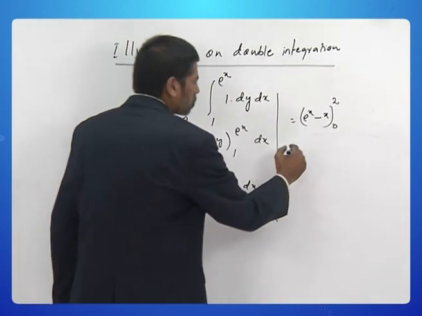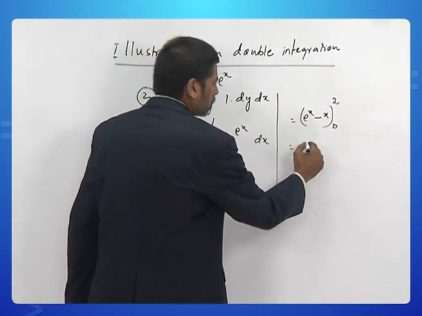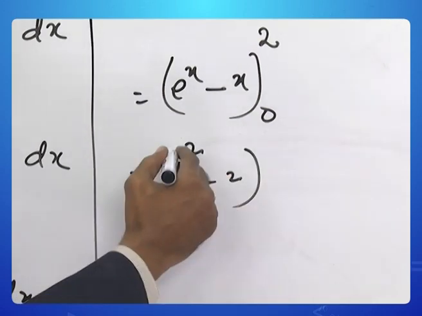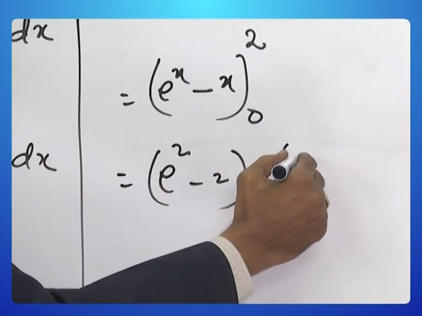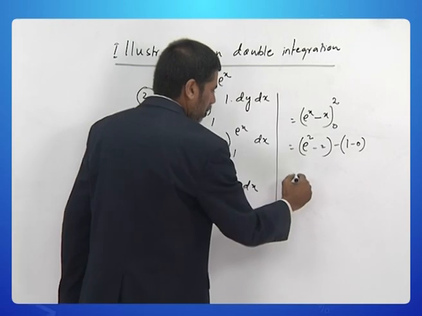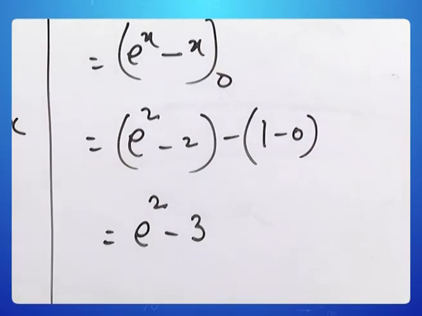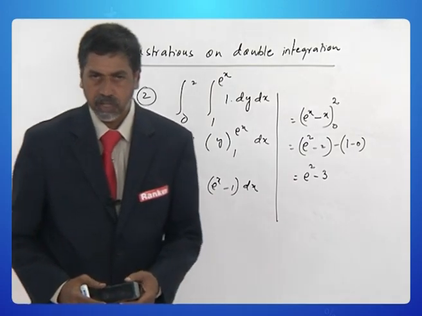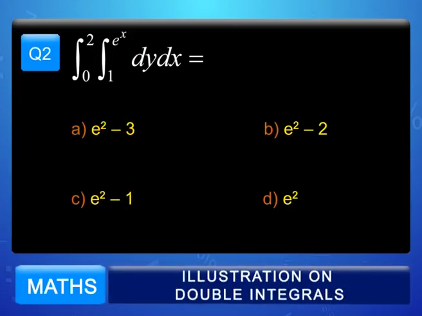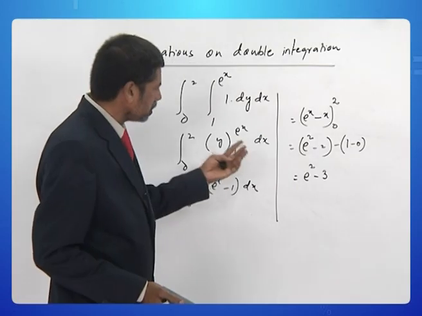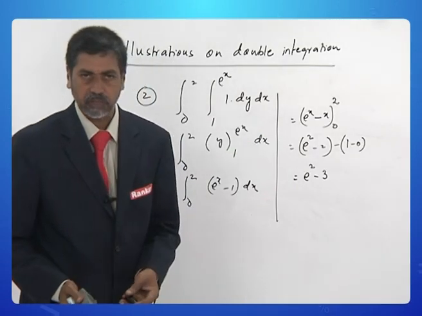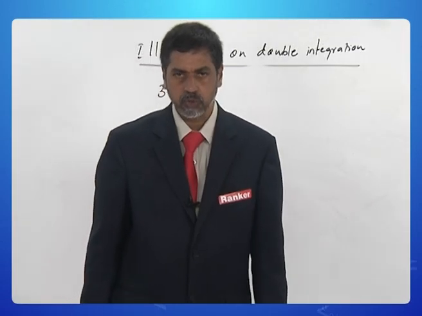So we'll get e square minus 2 minus of 1 minus 0. So you will have e square minus 3 as the result, and the correct option is A. Again, there is no complication about this integration. So let's take the next question.